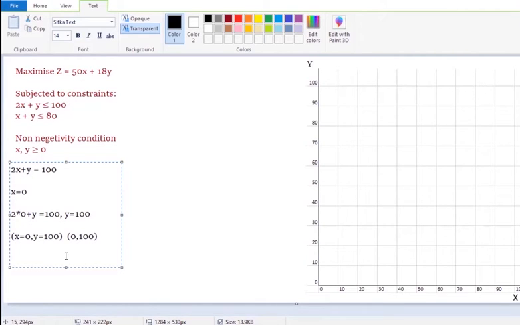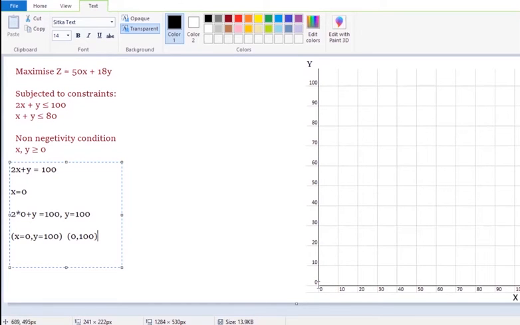Now, where does this (0, 100) come in this particular graph? I have a graph sheet here. I found the first point on the first constraint, which is (0, 100). (0, 100) means x equal to 0. Where is x equal to 0?